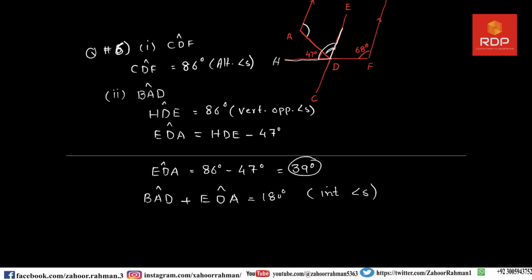Okay, now it's just the matter of simple calculation. So we are writing BAD plus EDA, that is 39 degree, is equal to 180.